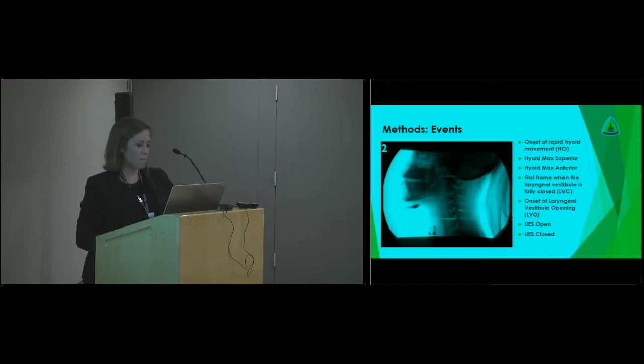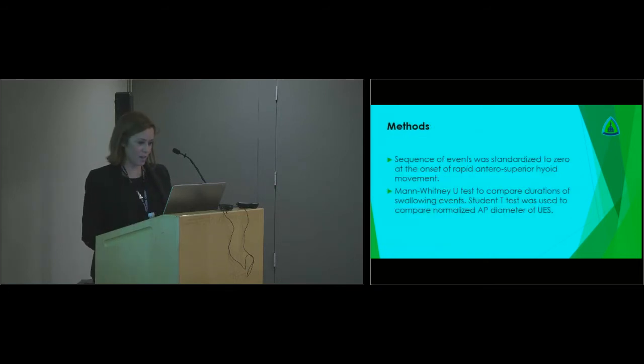We also look at the moment when the UES opens and the bolus comes through, and also the moment when it closes. And we also note the moment the airway, or the laryngeal vestibule, shuts down and completely seals the larynx, protecting the airway. So those are sort of the major events.